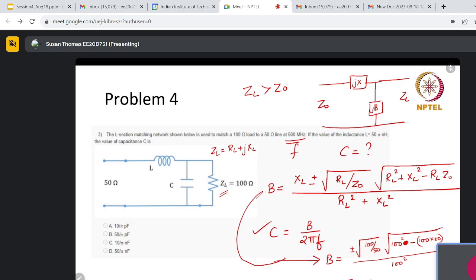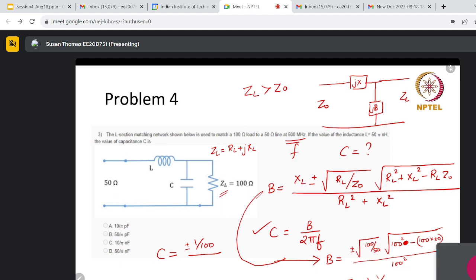So you should be getting plus or minus 1 by 100. From that, you can find C as B by 2 pi F, right. It's the right answer.